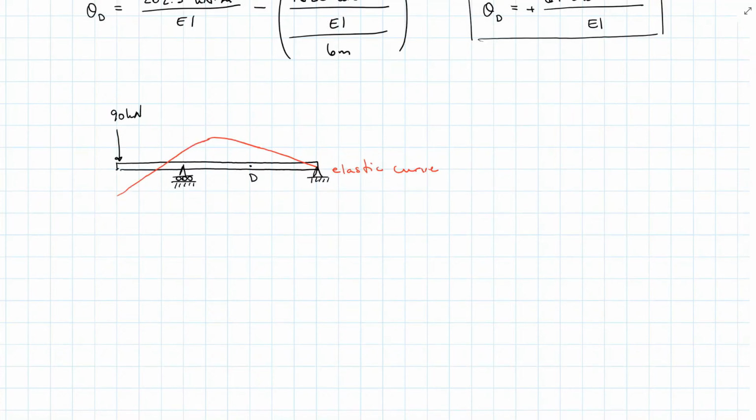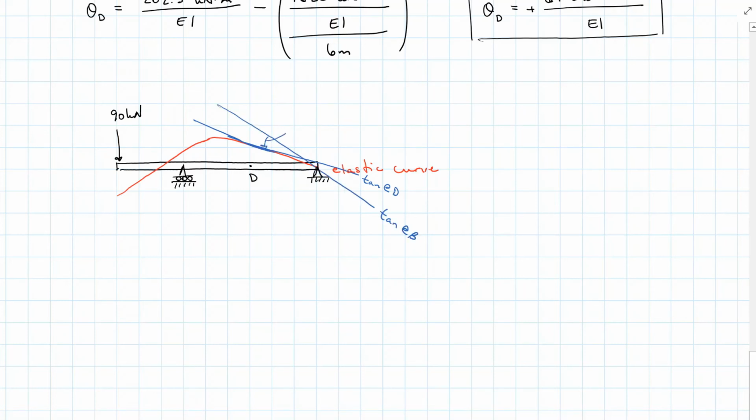If the peak of the elastic curve happens before D, we are going to have our tangent line at D here. That remains the same. And we'll still have our tangent line at B here.